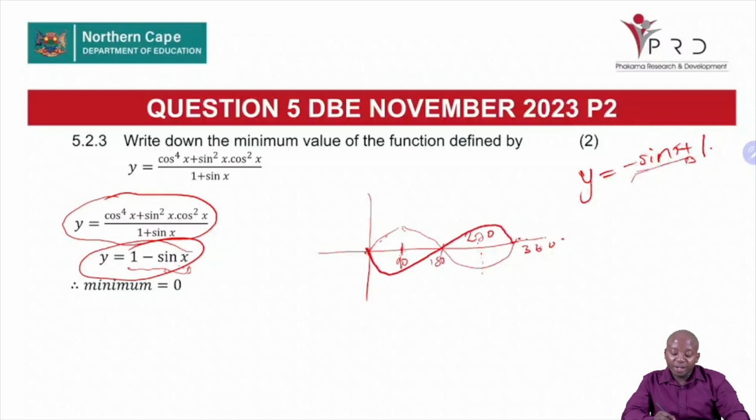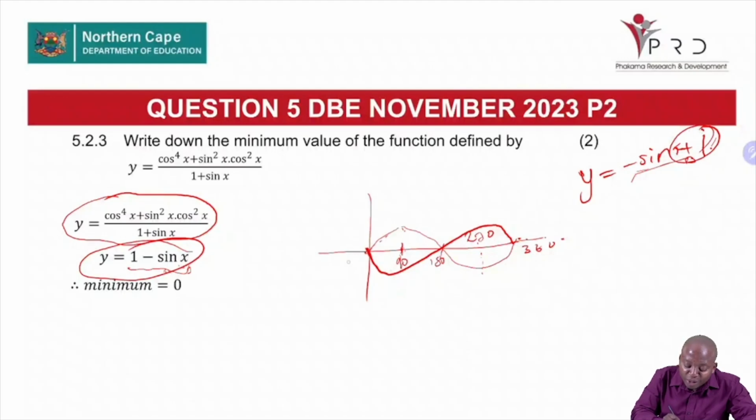So that is the graph that we're having here. But it says plus 1, so I must effect this shift. When you say plus 1, we shift this graph 1 unit up. Remember, this is going to be negative 1, and this will be 1.